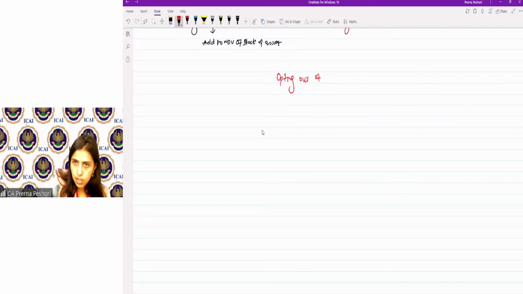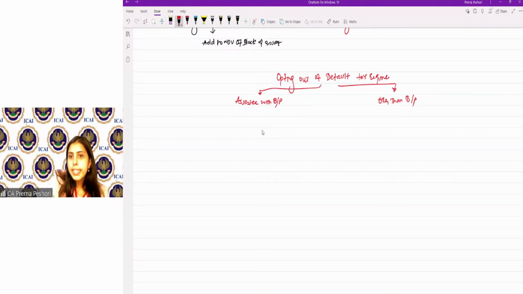This is other than business or profession. In case the assessee has income from business or profession, then he can exercise this option before the due date of filing return of income under section 139(1).